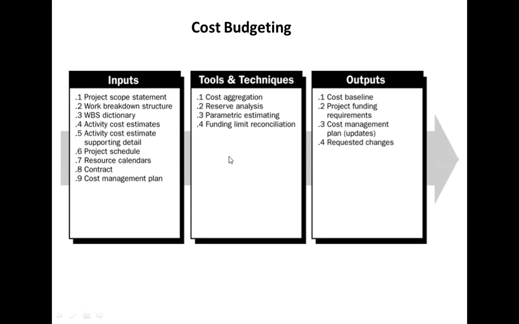So what are the tools which we are using? We can use parametric estimation, cost aggregation, and reserve analysis. Okay. So our output should be a baseline, which includes each and every individual activity's estimated cost or budget.